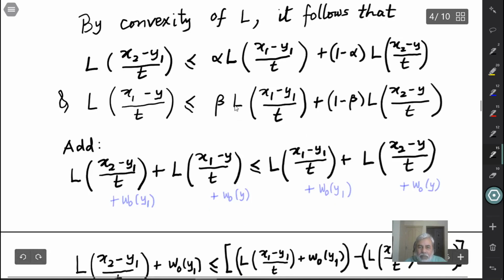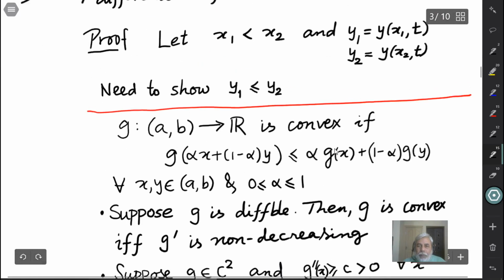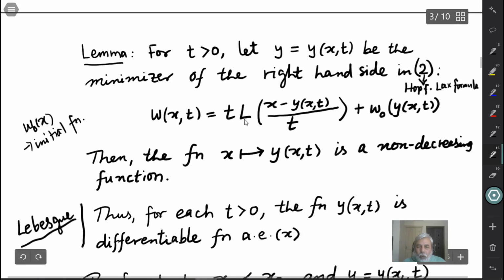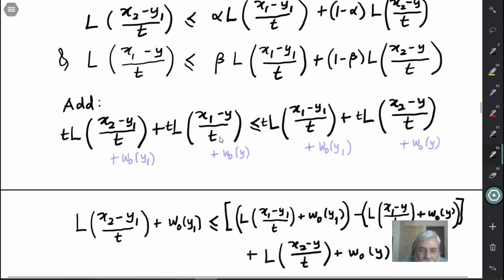Remember alpha plus beta is 1. So we get L of (x2 minus y1) by T plus L of (x1 minus y) by T is less than or equal to L of (x1 minus y1) by T, because these two are the same and alpha plus beta is 1, plus L of (x2 minus y) by T. Okay, and again look at the Hopf-Lax formula. There is a term containing the initial condition, so you just add that.